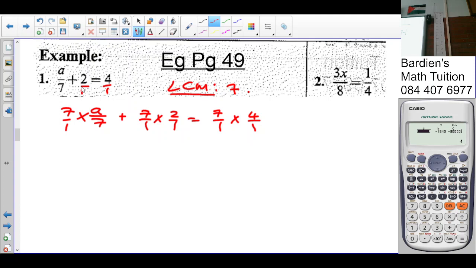So what do we do now? Now we simplify. 7 goes into 7 once, 7 goes into 7 once. Is there anything else here that cancels? No. So that's simply going to be 1 into A plus 7 into 2 equals 7 into 4. So that's now a normal equation to us, not so? A linear equation that we are familiar with. So multiply out and then you solve for it.